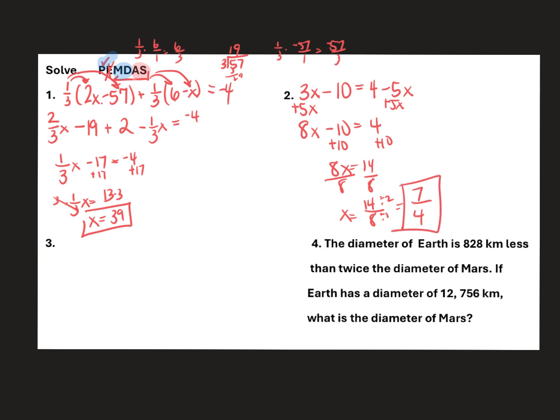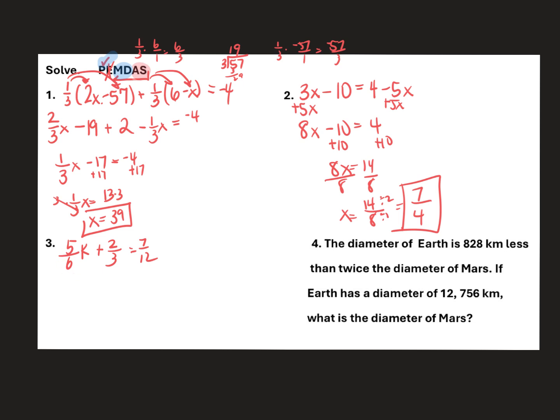Number 3, 5/6 k plus 2/3 equals 7/12. Many students have told me that their teachers tell them to find a common denominator first, and that will make life much easier.